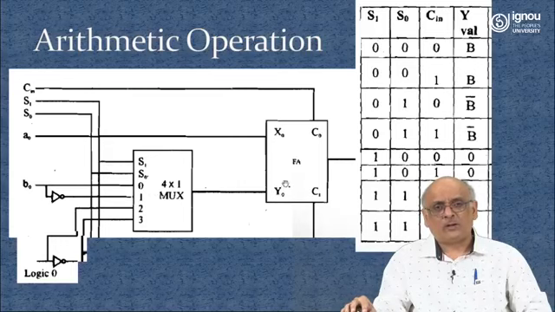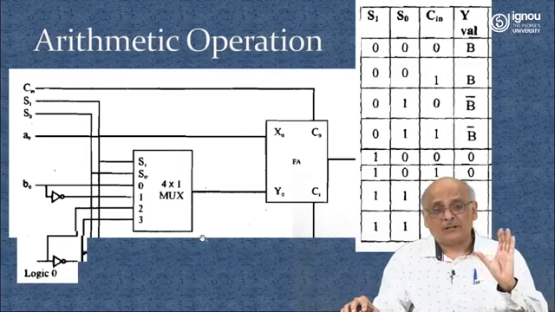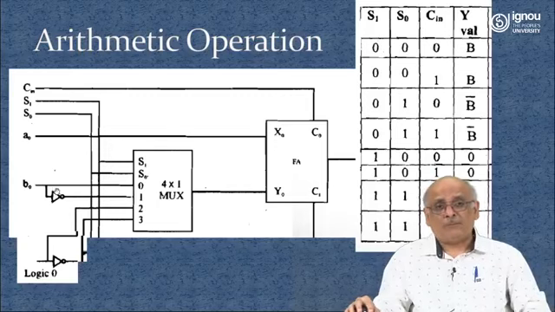X is going to be directly A, so the first operand is coming directly, C in is coming directly, and what is being controlled is B. This is actually an arithmetic logic unit, one single bit of it. The select signals S1 and S0 will determine whether input 0, 1, 2 or 3 will be selected.